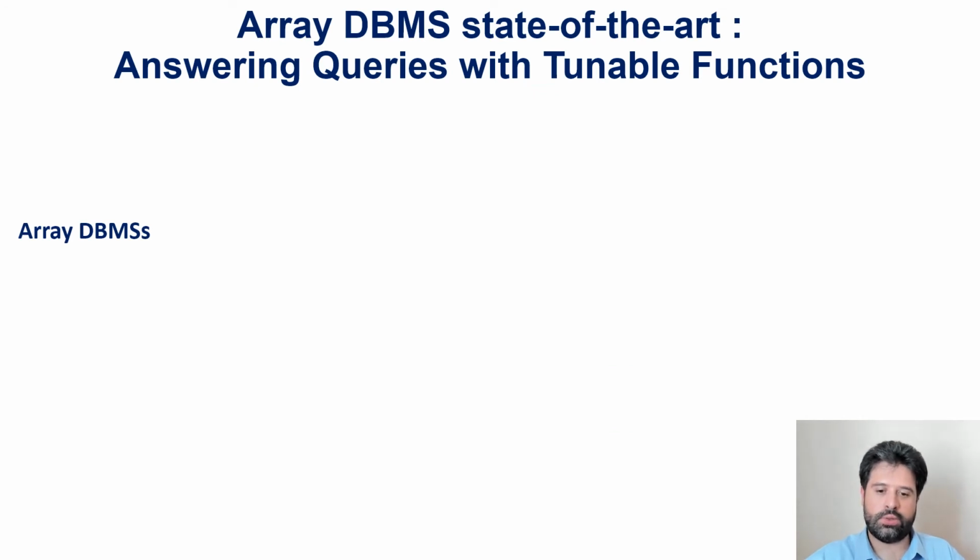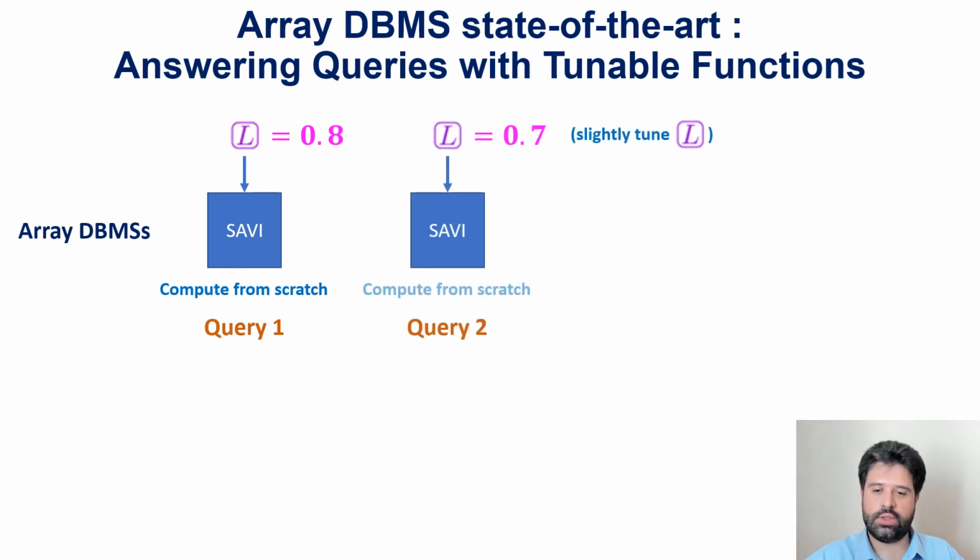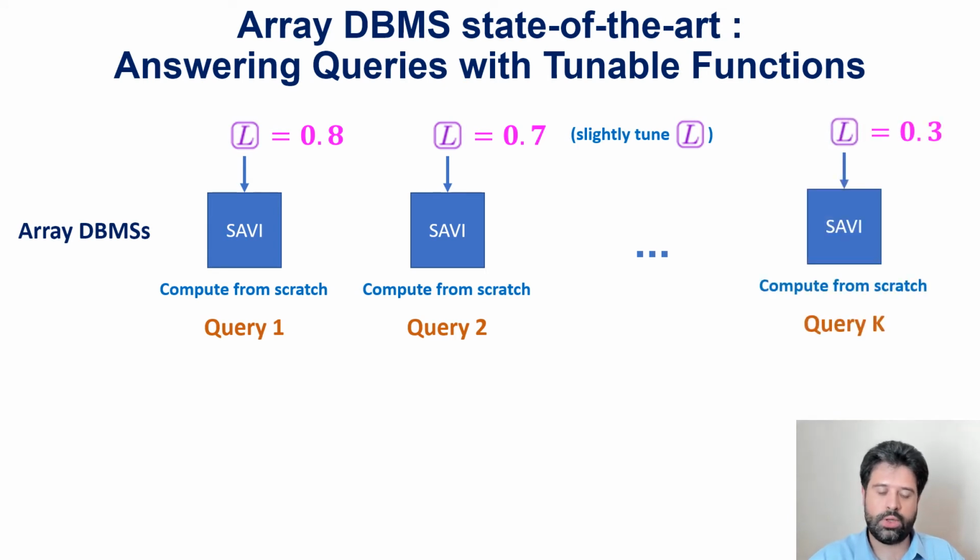ArrayDBMSs answer queries with tunable functions as follows. For the first query, we get some L value and compute SAVI from scratch. Next, we slightly tune L and submit the SAVI query again. However, SAVI is computed from scratch again. This repeats for each subsequent query regardless of whether we computed SAVI before or not.